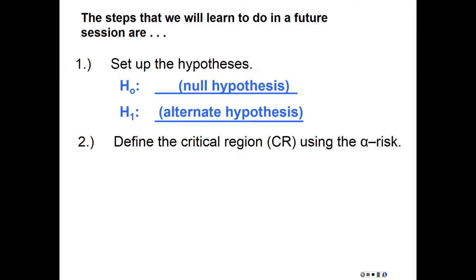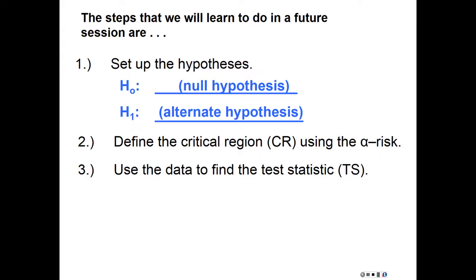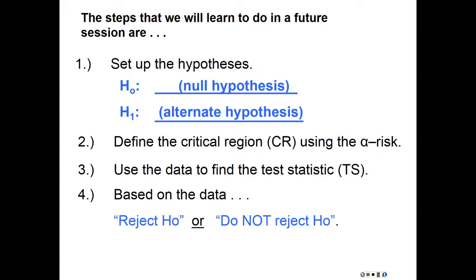We are going to define the critical region. I'm going to show you that approach, but we're going to use an approach that talks about p-values, and then use the data to find the test statistic. And then based on the data, which will be a comparison of the p and the alpha values, we'll either reject H0 or not reject H0, and write a sentence in terms of H1.